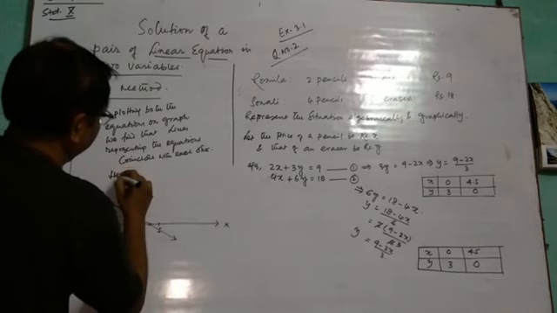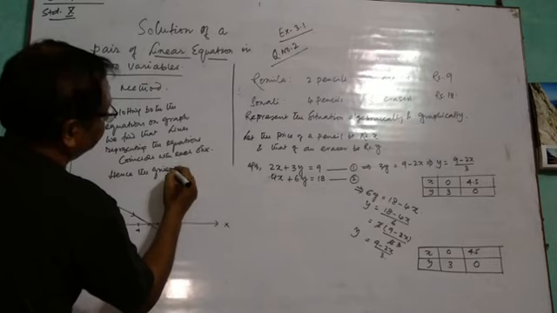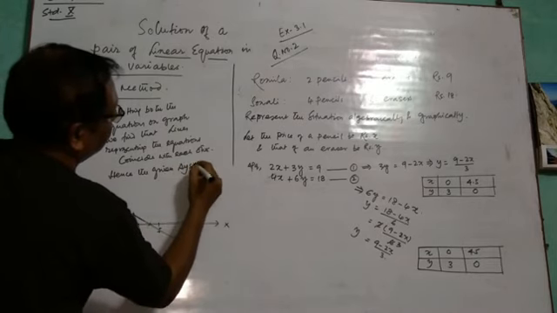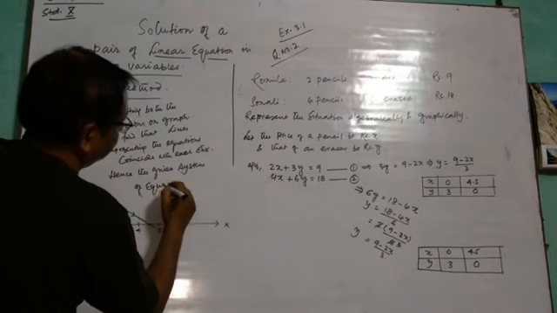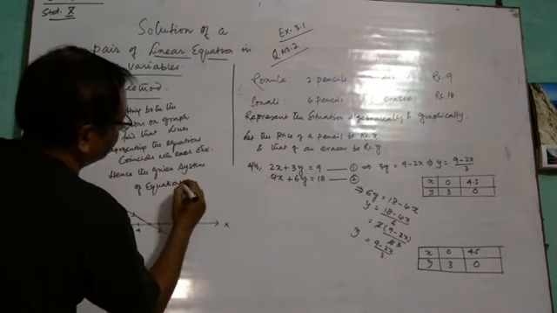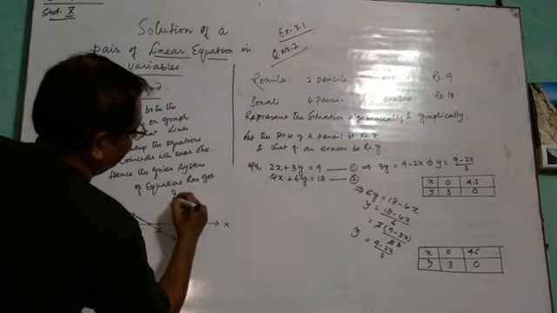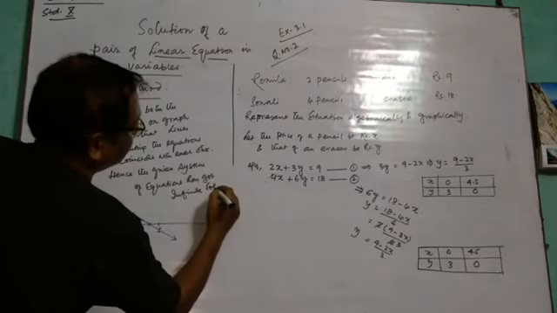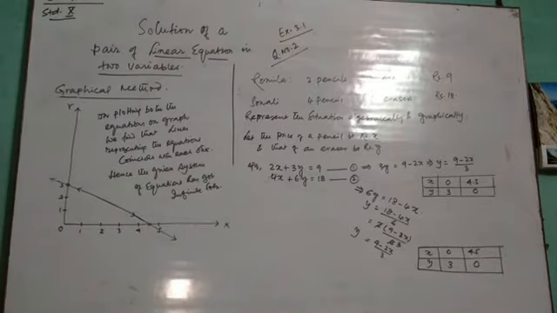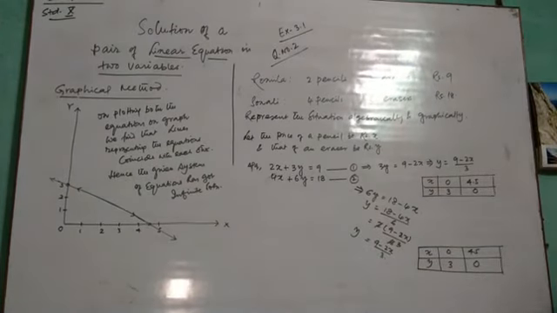Hence, the given system of equations has infinite solutions. What does it mean? All the points which are on the first line are also the points on the second line.